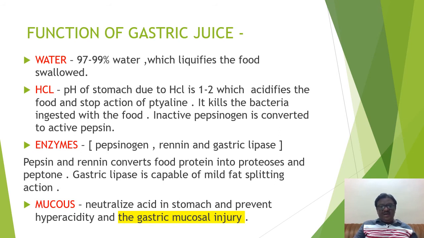HCl not only helps in acidification and stopping the action of ptyalin, but also helps kill the bacteria ingested with the food, and inactive pepsinogen is converted into active pepsin.